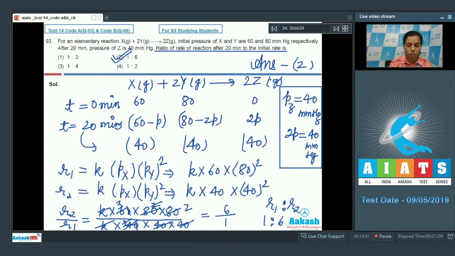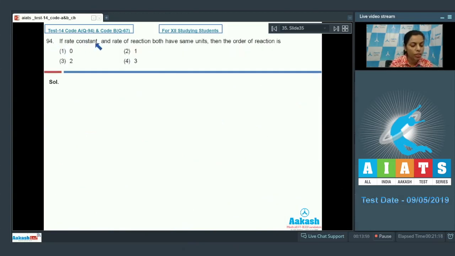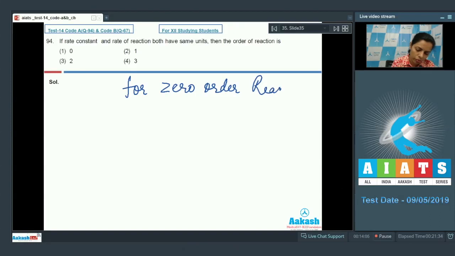After this, there's another question. Question number 94. If rate constant and the rate of reaction both have the same unit, then the order of reaction is. We should know that in case of zero order reaction, the unit of K is mole per liter inverse second inverse.